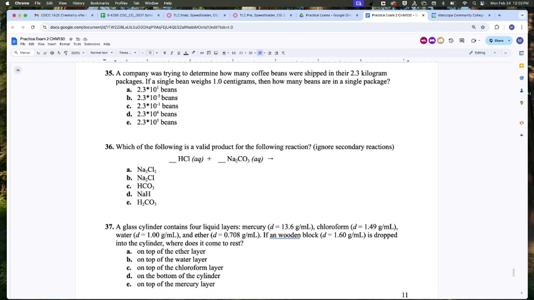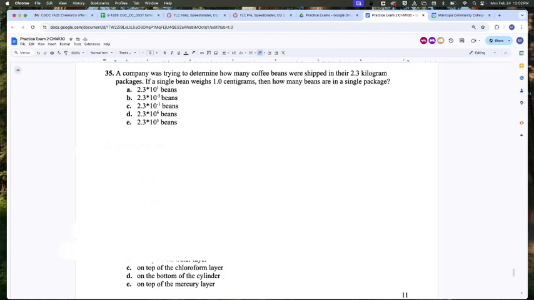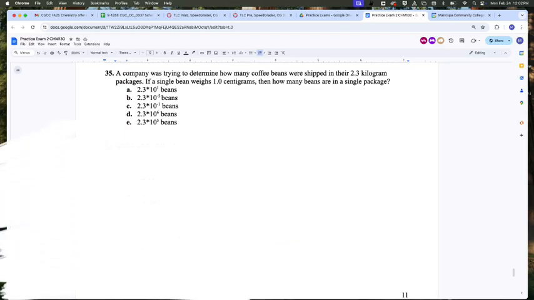Yeah, the bean one's a good one. 34 is the 10 to the nine nanometers. I don't think I want to walk through that one. Here's another conversion one. This one harps on kind of a different aspect behind it. We'll just leave those.